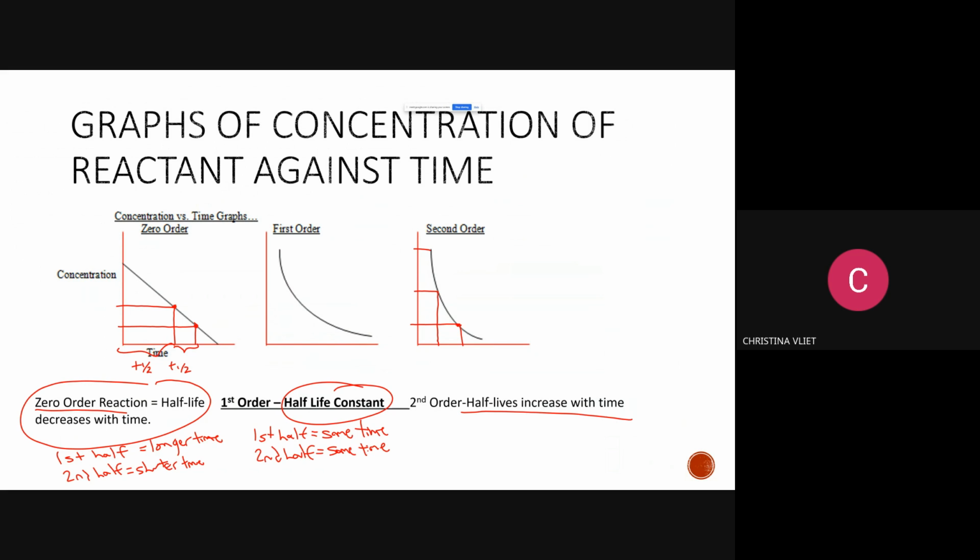And if we half this amount, right here. It increases with time. It's kind of hard to see from that graph, but it's the opposite situation to zero. So it decreases with time, stays the same, increases with time. And so when you draw your lines for your half-lives, you're going to have to use this concept to figure out what order of the reaction you're given is.